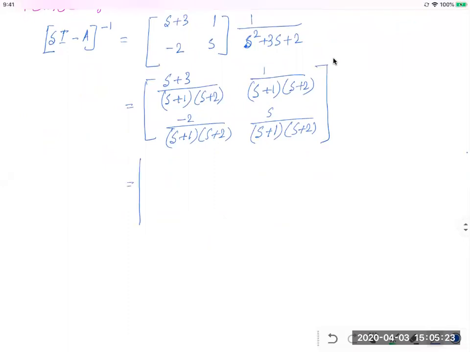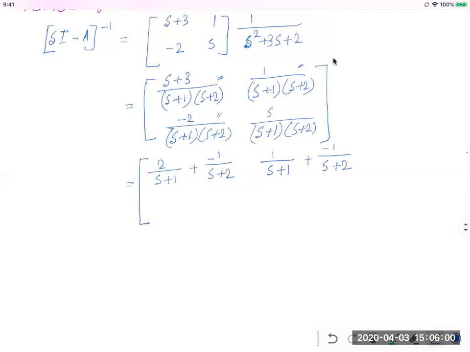After applying partial fraction in each element, from the first element we get 2 by (s plus 1) plus minus 1 by (s plus 2). From the second element of the first row, after applying partial fraction, it is 1 by (s plus 1) plus minus 1 by (s plus 2).